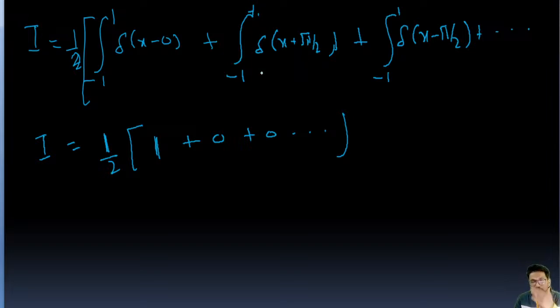So the value of I equals 1/2. This is the answer, guys. Very important question, asked in JEST and NEET both examinations. Now we are going to solve the next question.